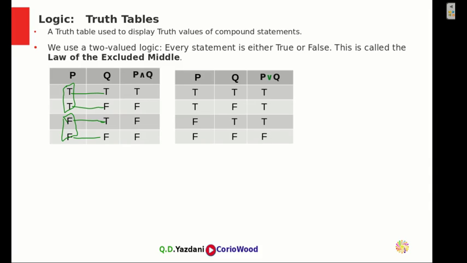If you notice the difference between the or and the and, the first one, true and true becomes true, that's fine. But here, true and false becomes false for the and, whereas for the or, true or false becomes true. So this one here is or, and this one here is and.